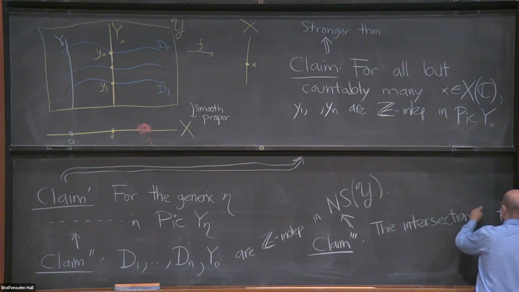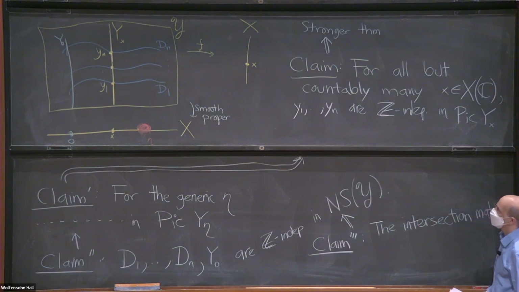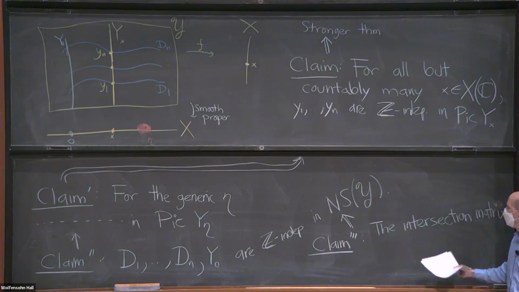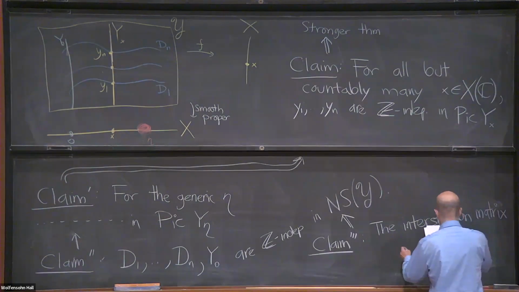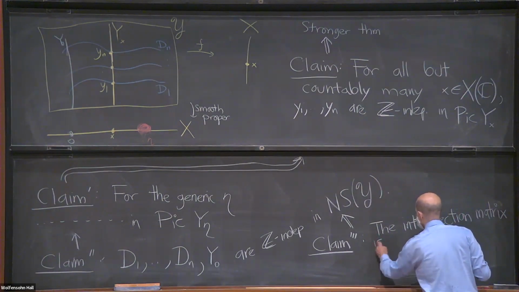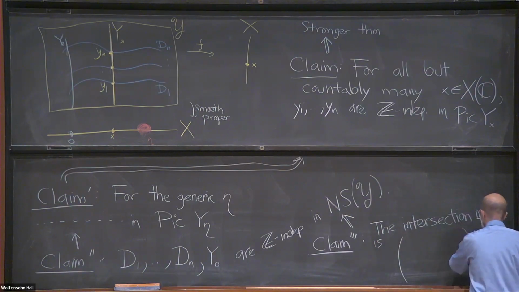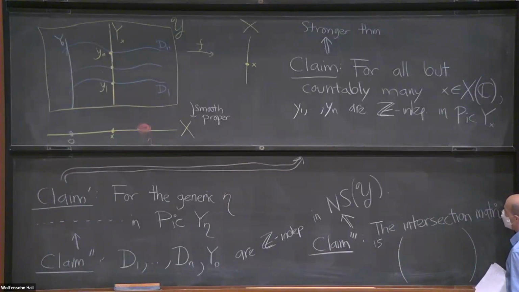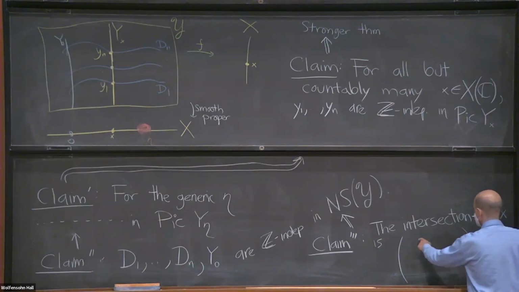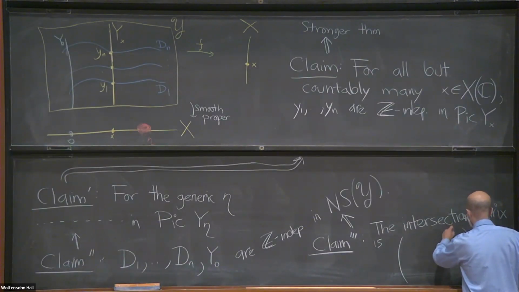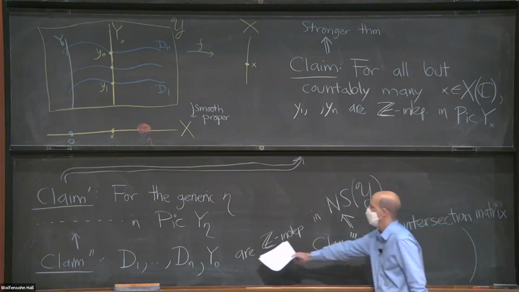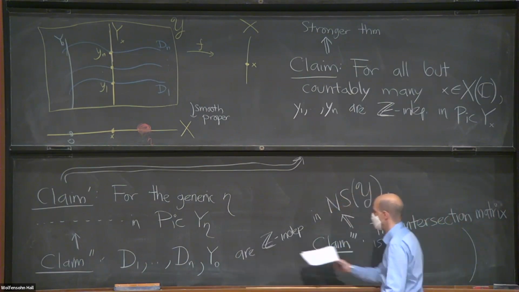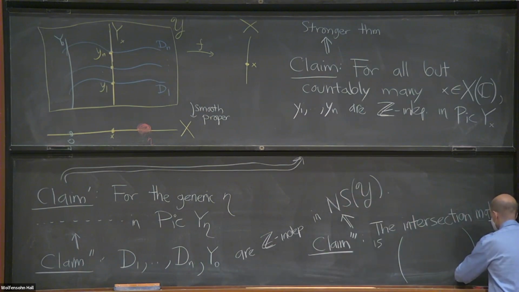We're doing these intersections on this y, which is the universal curve over some Hurwitz scheme. And it turns out that this intersection matrix, well, what is it going to be? First of all, the D's are disjoint, so there are going to be zeros off the diagonal for that part. And the fiber intersects any other fiber in 0, so there's a 0 here.